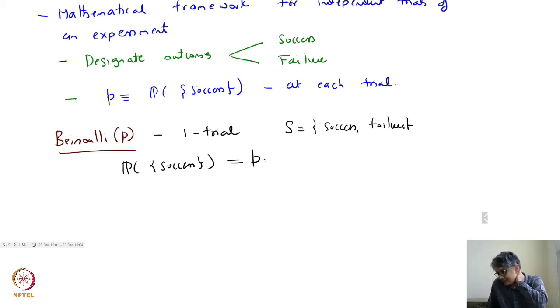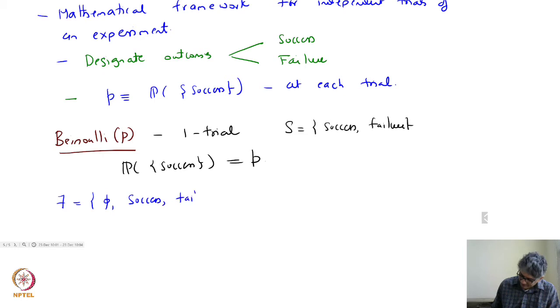Why is this enough to discuss the whole sample space? Because I know several things, right? If S is given by this, then I know my event space is just the empty set, the outcome failure, the outcome success, and the outcome S. That's my event space, because there are only these four subsets of S. And my P is automatically defined from F to [0, 1], because the moment I know the probability of success, I know several things.